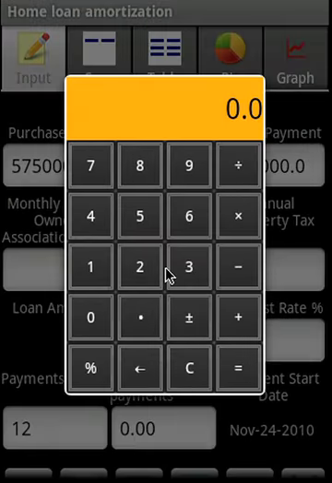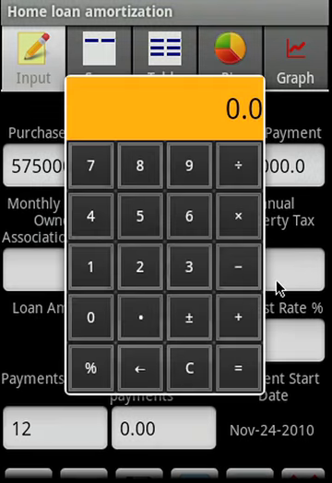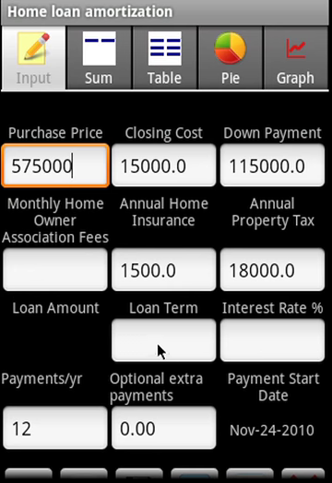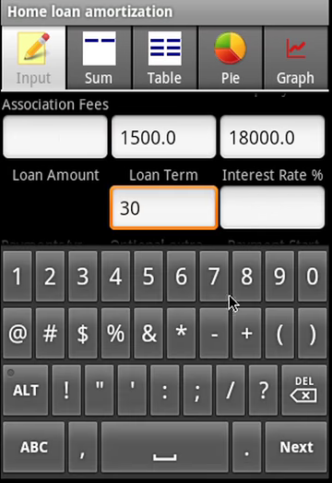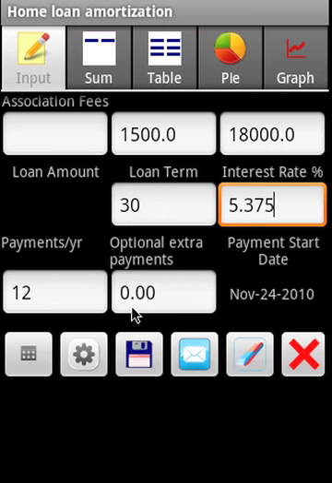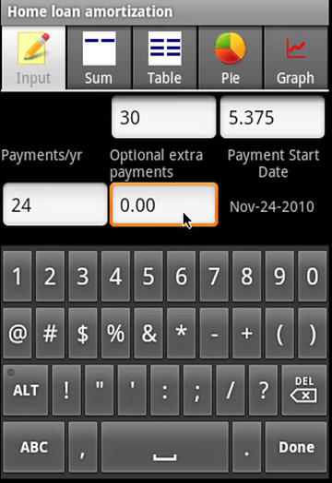Annual insurance is $1,500, then annual property tax, say it is 18,000, and loan term is a 30-year term. Interest rate is 5.375%. Then payments per year, say we are making 24 payments a year, paying twice a month. So we are making some $200 extra payment in a month.